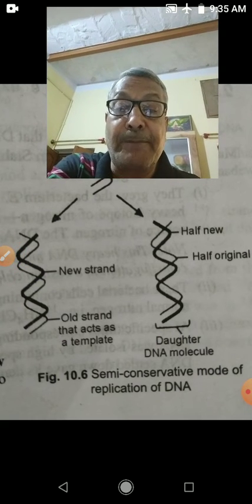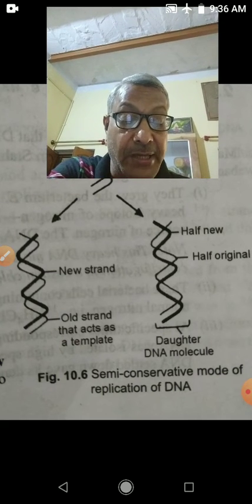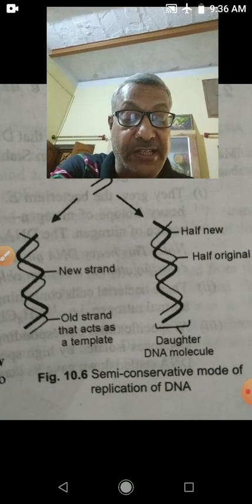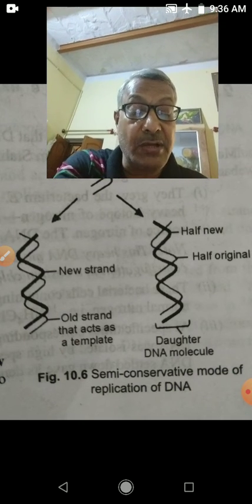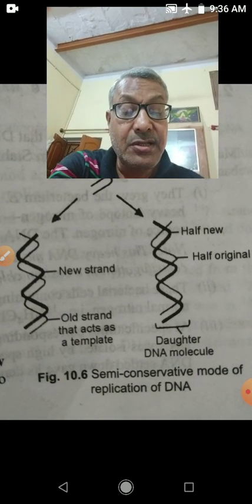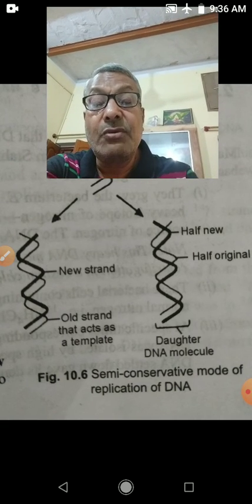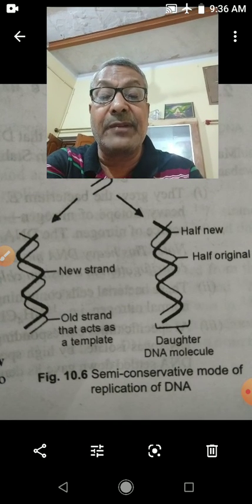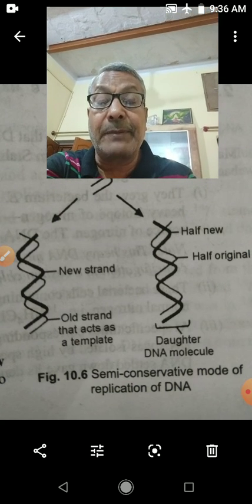The old strand is the template strand and the new strand which is formed is the complementary. So this method of DNA replication is called the semi-conservative method. Each daughter DNA molecule is a hybrid conserving one parental polynucleotide chain and the other newly synthesized one.